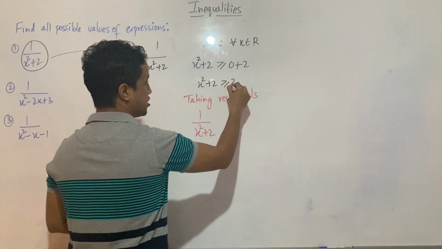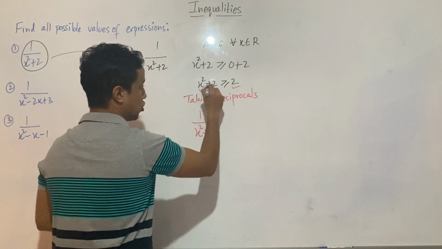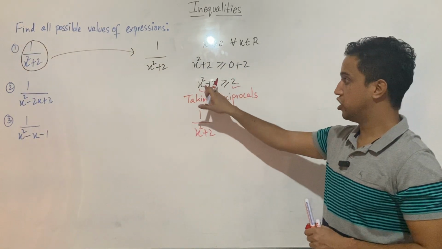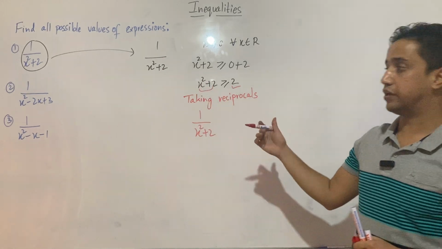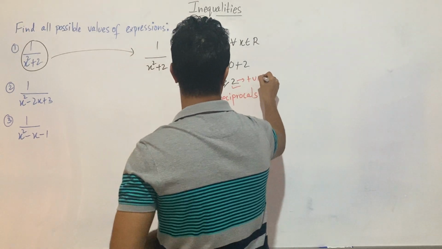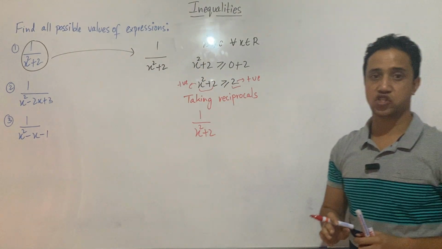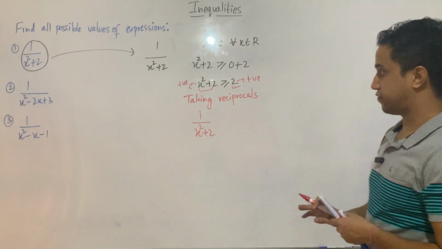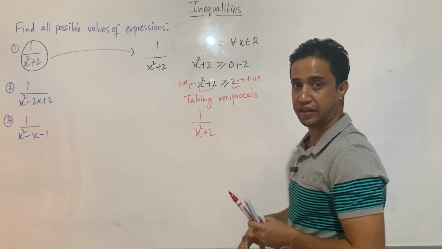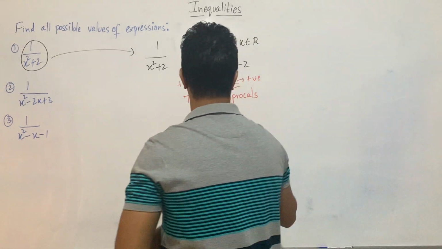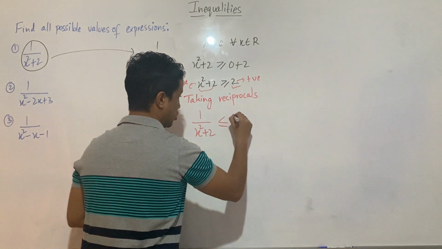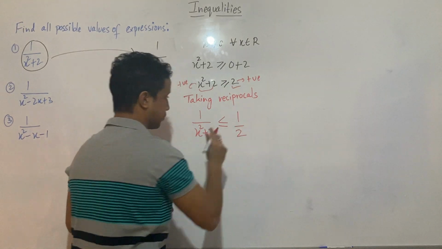Now, this is positive, and the other side is also positive, because the square of any number is positive, and if you add 2 to that square, it is still positive. When you have the same signs on either side of the inequality, the sign of the inequality changes on taking the reciprocal. So here it's going to be less than or equal to 1 over 2.